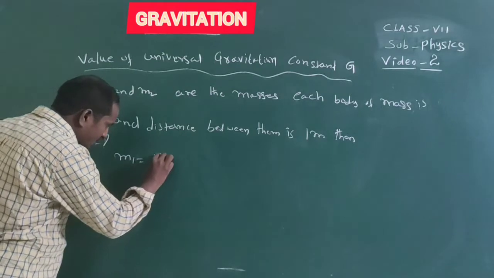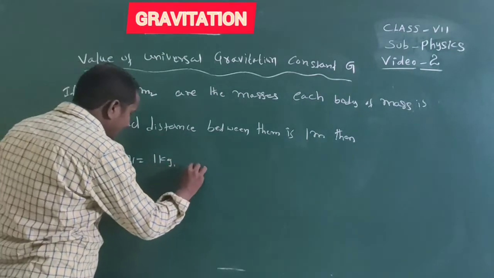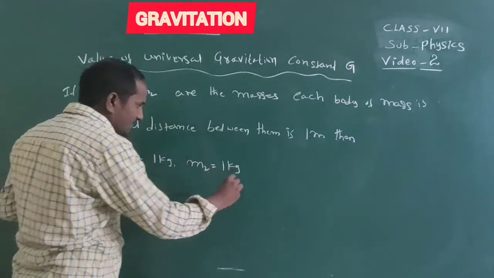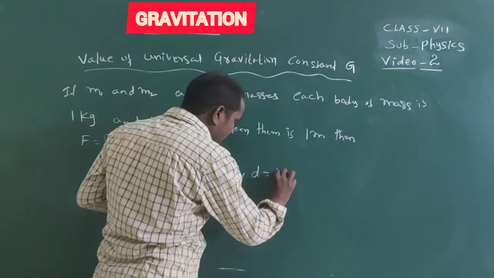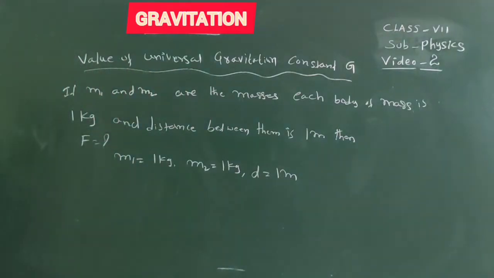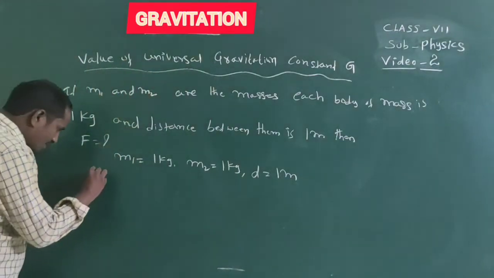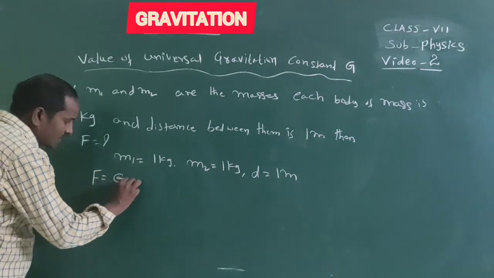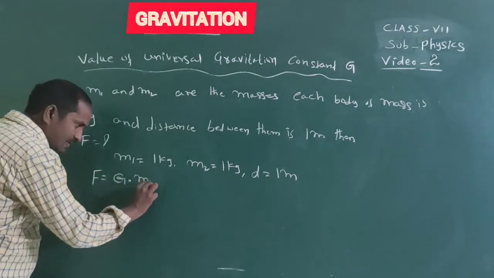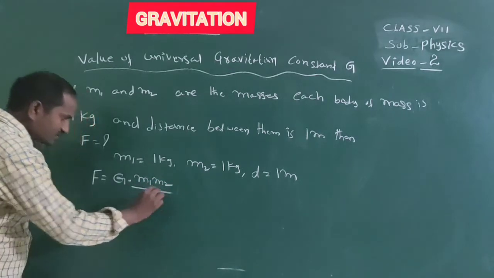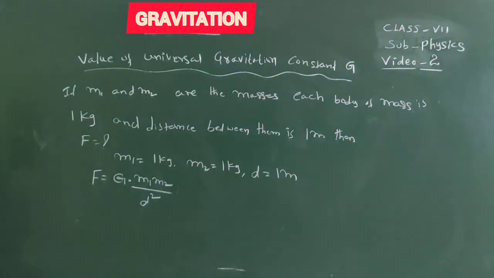Mass m1 equals 1 kg, m2 also 1 kg, and distance equals 1 meter. So we know that force equals G m1 m2 by d square. It is the first formula.